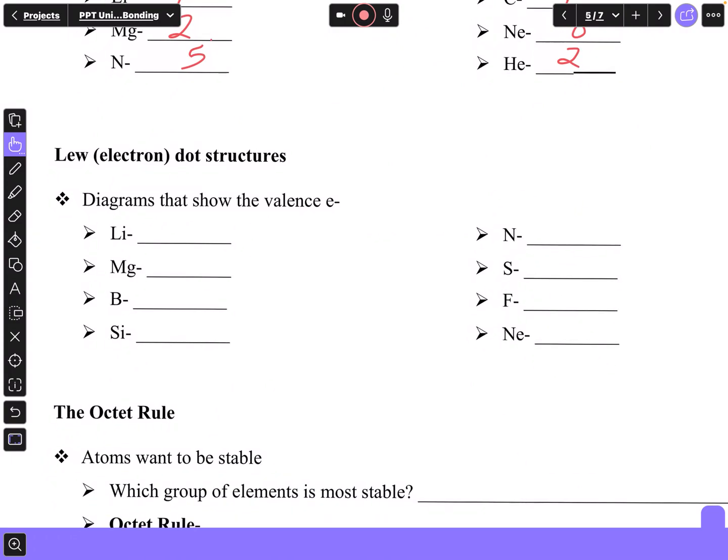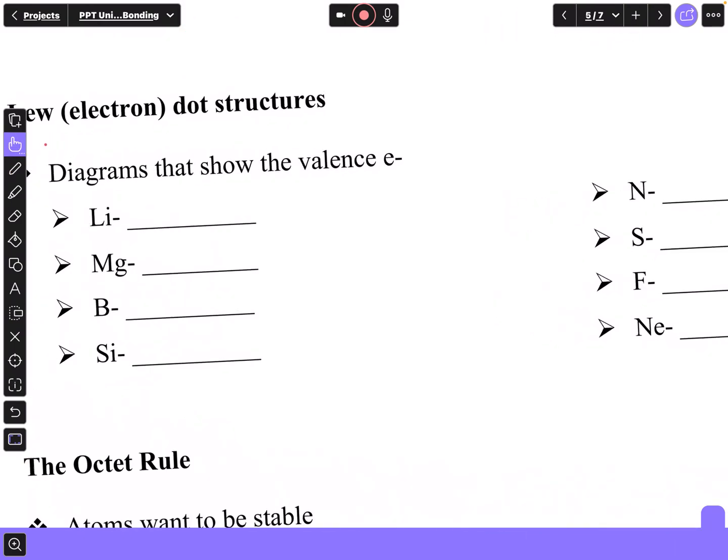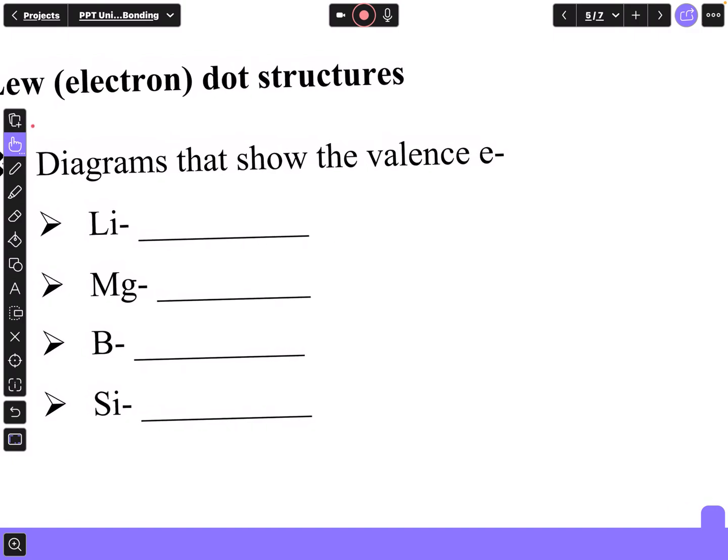Now, Lewis dot structures are just diagrams that show valence electrons, and I show that with dots around the symbol. So if I want to draw that for lithium, I would put the symbol and then put dots around it to show the valence electron.